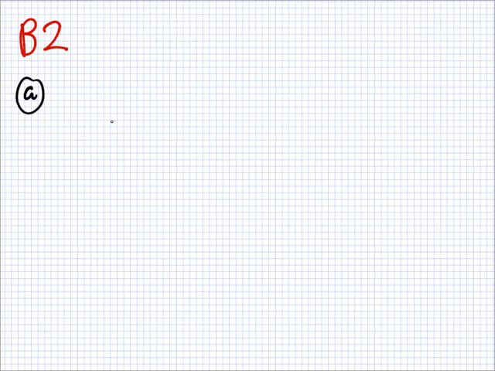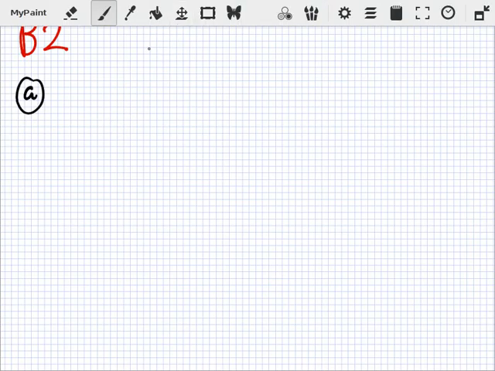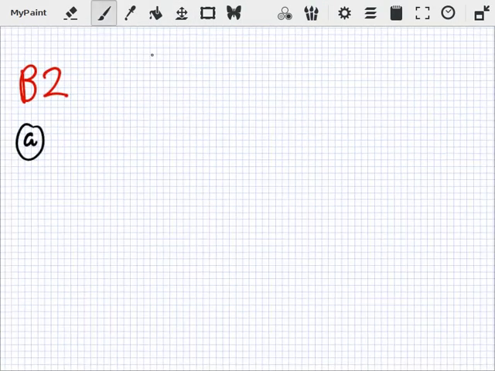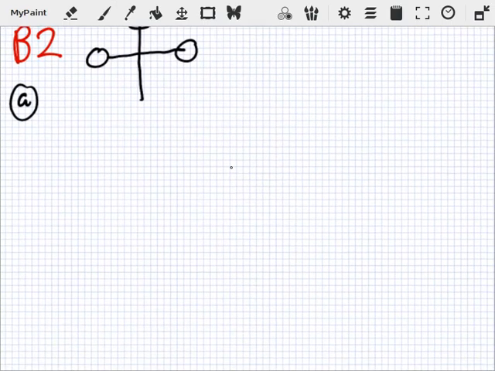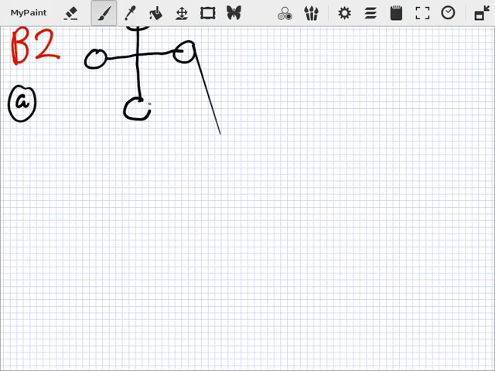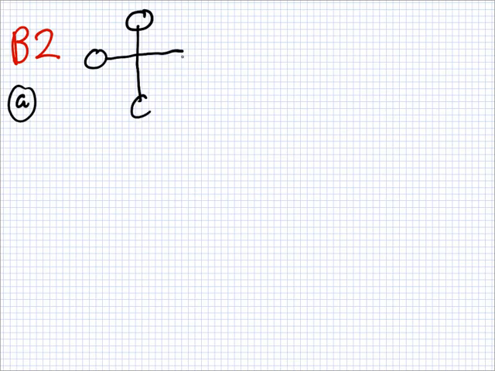So I'll draw it in its 4 different positions, for example. So you have one here. The bucket is being spun around.